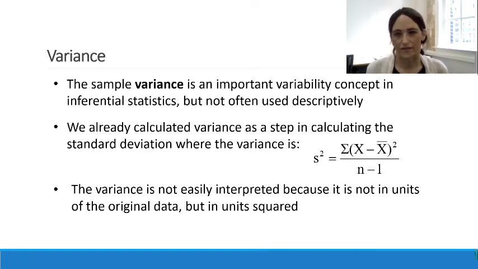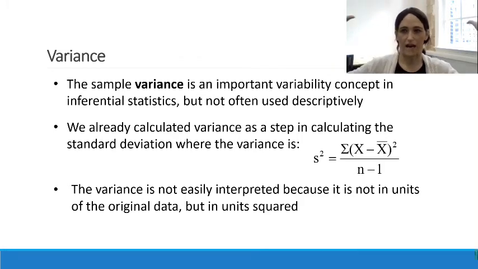Okay, finally moving on to variance. The sample variance is an important variability concept in inferential statistics, which we'll talk about next week, but we don't often use it descriptively. We actually already calculated it. The variance was that step where we squared all the deviations and then divided it by n-1. But prior to taking the square root of that, that is our variance.